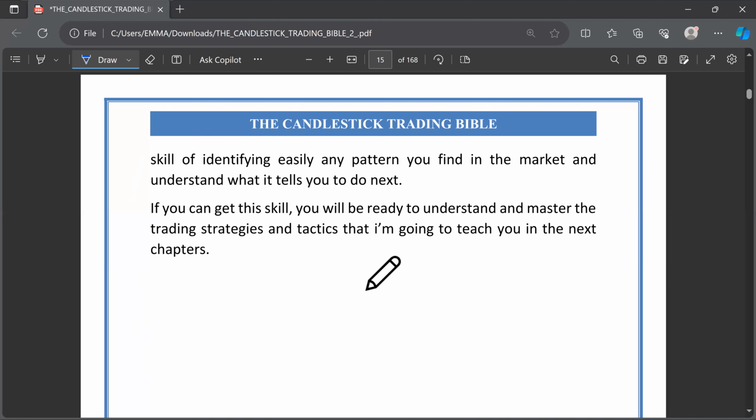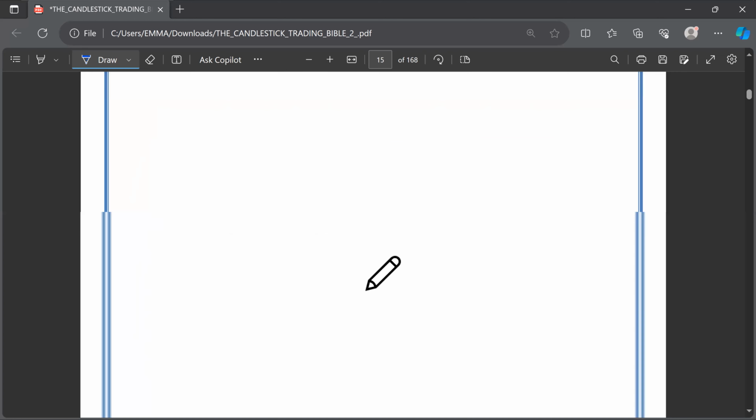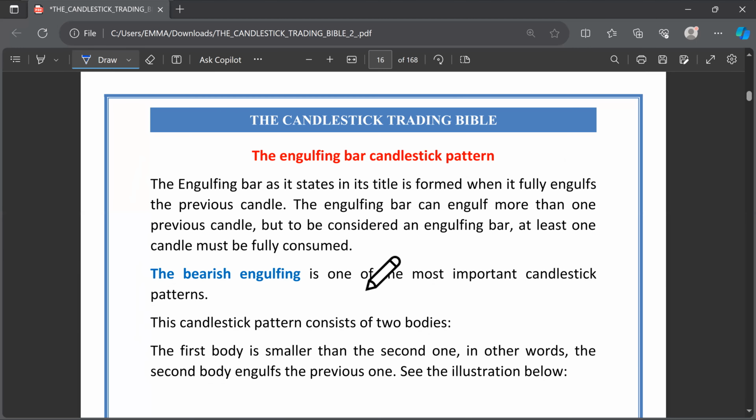If you can get this skill, you will be ready to understand and master the trading strategies and tactics that I'm going to teach you in the next chapters, right? So the first candlestick pattern is going to be the engulfing bar candlestick pattern.